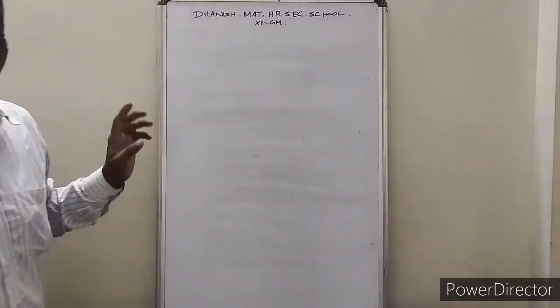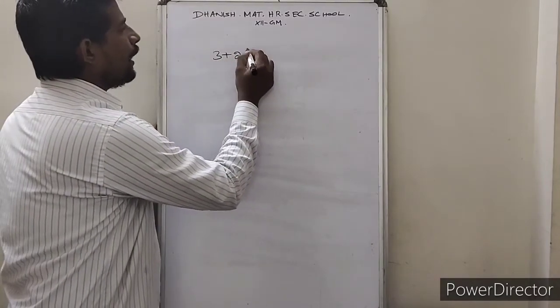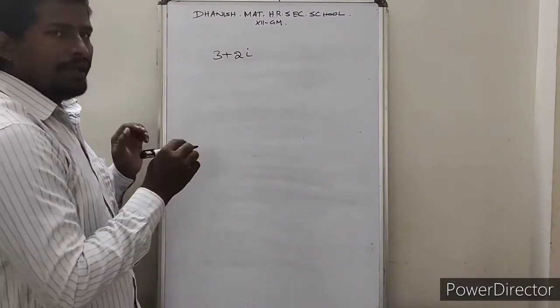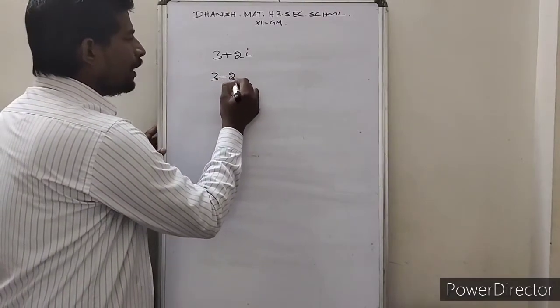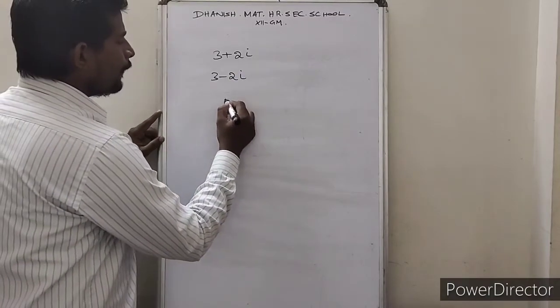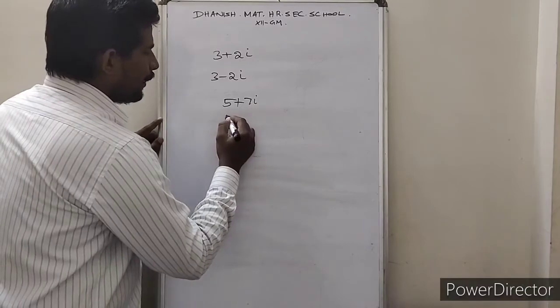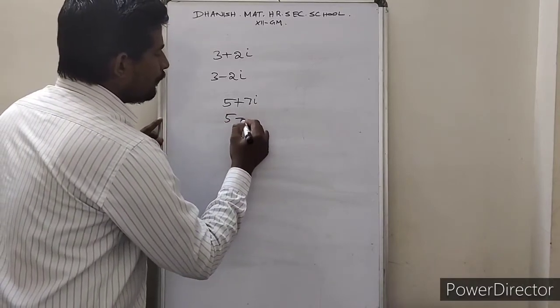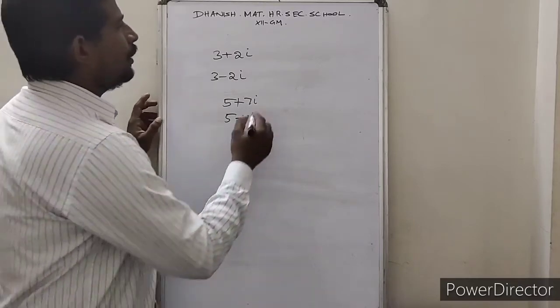If I have 3 plus 2i as a root, then by using this theorem we can write that 3 minus 2i is also a root. Suppose I have 5 plus 7i, then by this theorem we can conclude 5 minus 7i is also a root for the polynomial.